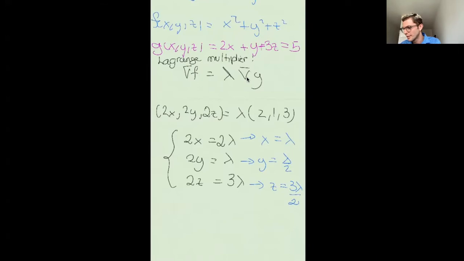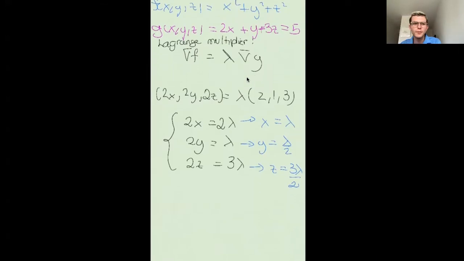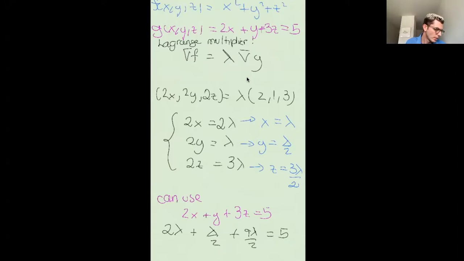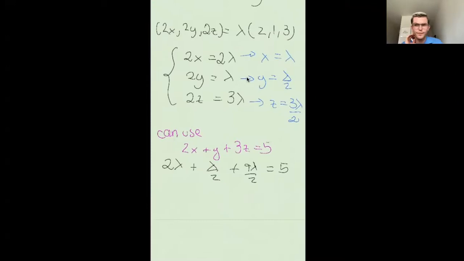So you secretly have another equation. If you do that, 2x becomes 2 lambda, plus y becomes lambda over 2, plus 3z becomes 9 lambda over 2, and that equals 5. If you solve for this, you'll find that lambda equals 5/7.